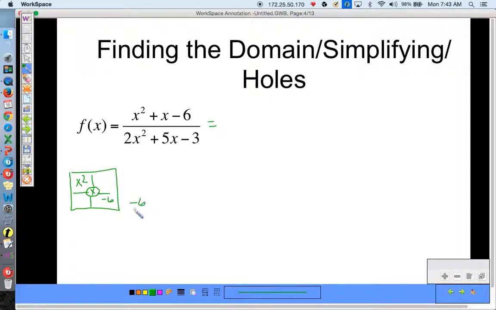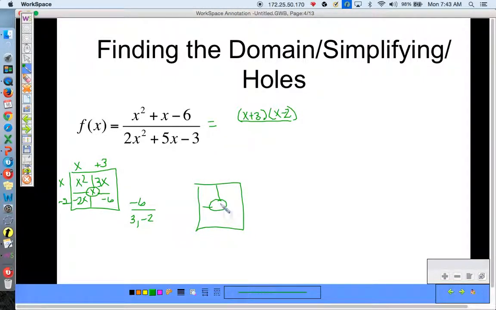So what multiplies to negative 6 and adds to 1? 3 and negative 2. So we have x plus 3 and x minus 2. And then we have this bottom one.